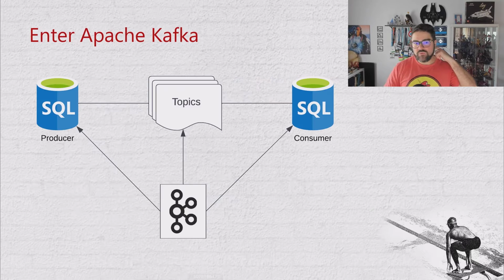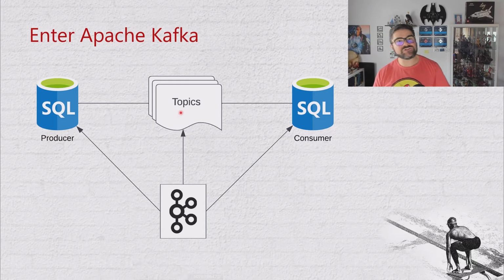Cool. So if we put Apache Kafka in the location where we had replication, we're not going to have a publisher anymore, but we're going to have a producer, a data producer, if you will. We're not going to have articles anymore, we're going to have topics.